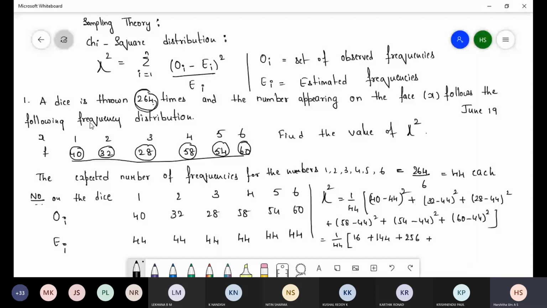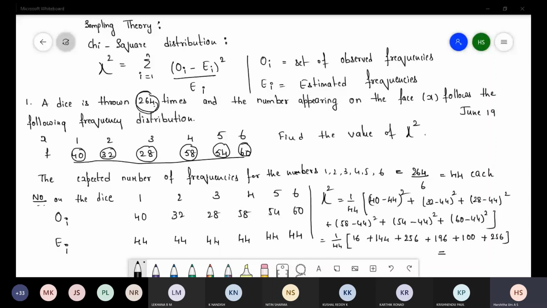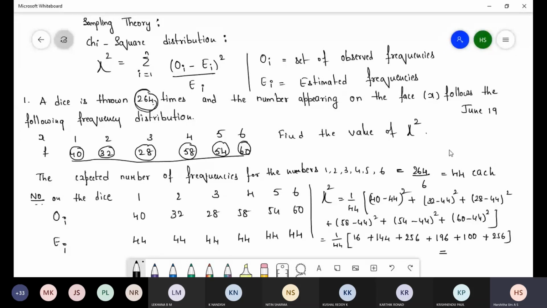Plus 60 minus 44 is 16, whole square is 256. Find the final value: add all of them and divide by 44. When you add, you get 968 divided by 44. So we get the value 22. This is the answer for the first problem.